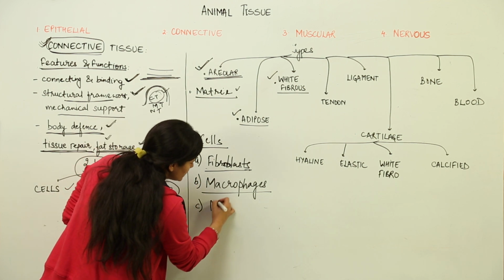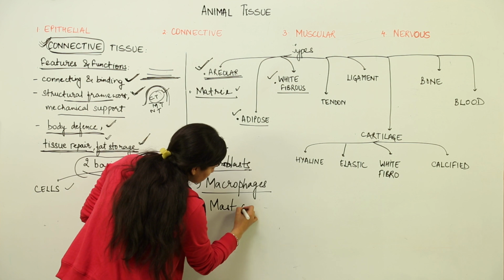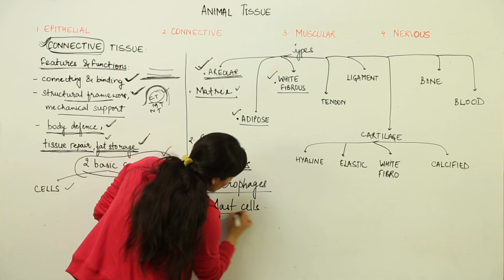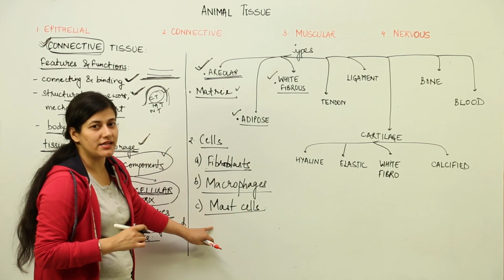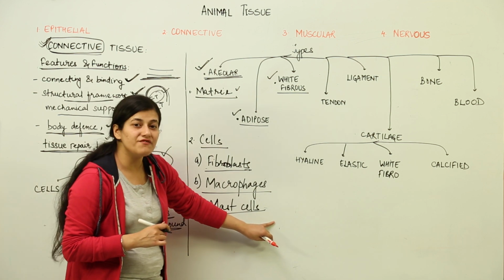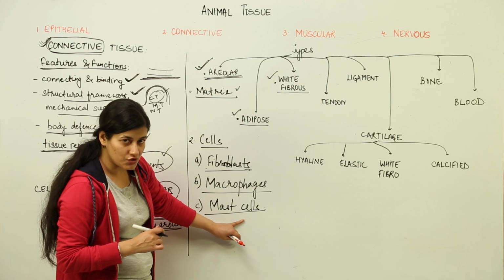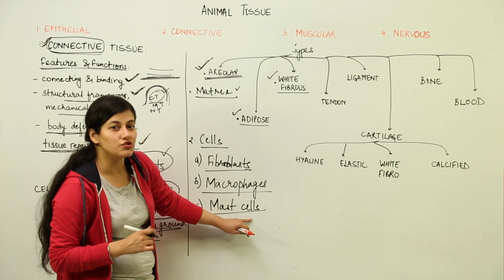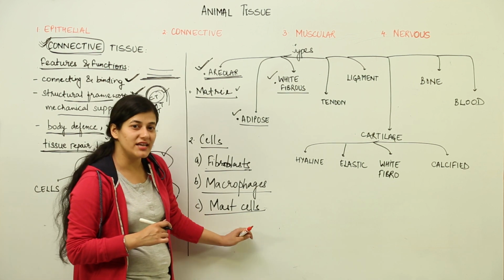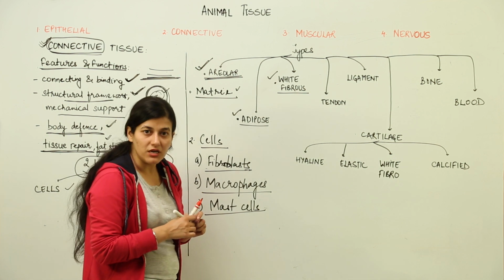And the last one is mast cells. What are mast cells? These are the cells which are responsible for inflammatory responses. So if anything inflammatory has come inside the tissue, there would be an anti-inflammatory response caused by mast cells by the release of histamine proteins.